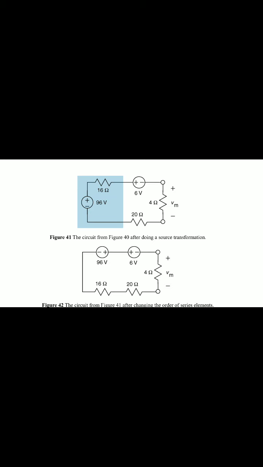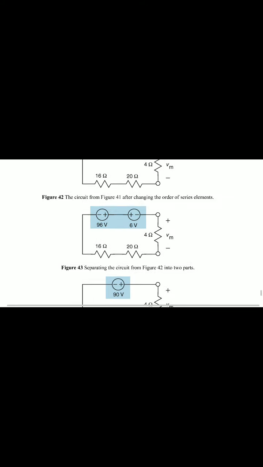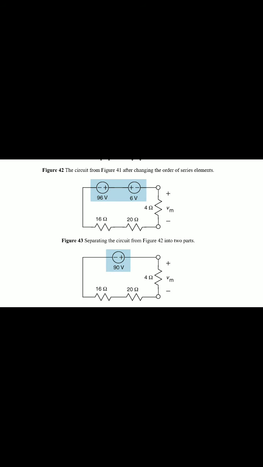So with this opposing polarity, 96 minus 6 gives 90 volts, and all resistors are in series. Now 96 and 6 volts give 90 volts, and the remaining resistances are the same here.